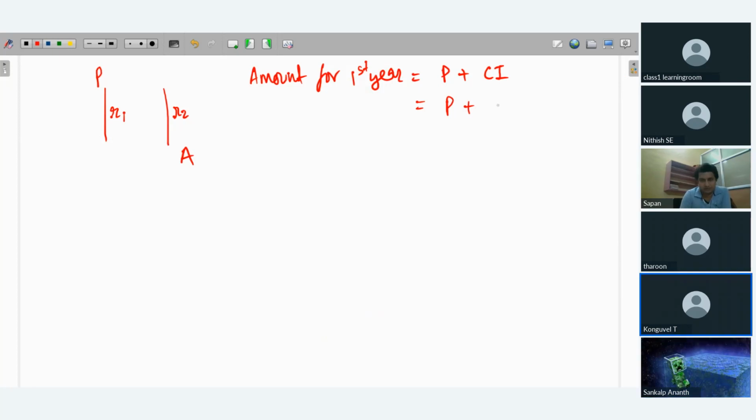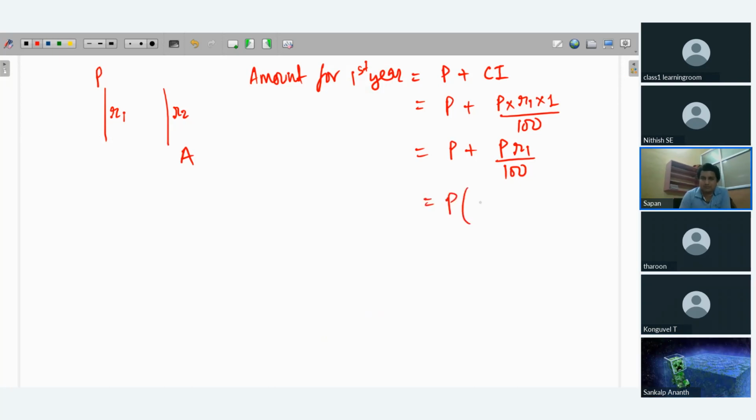So if I write it as P plus P R1 by 100, can I take P common? This will be P into 1 plus R1 by 100.